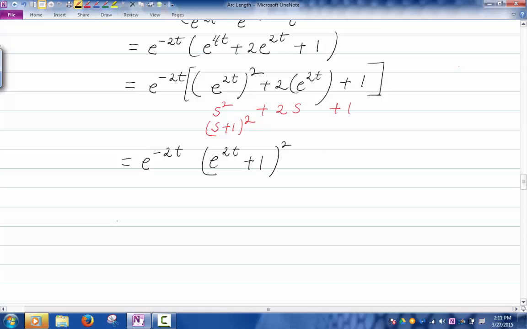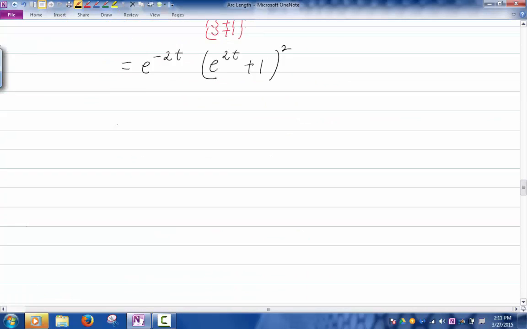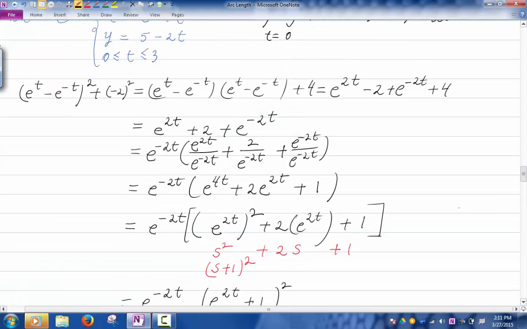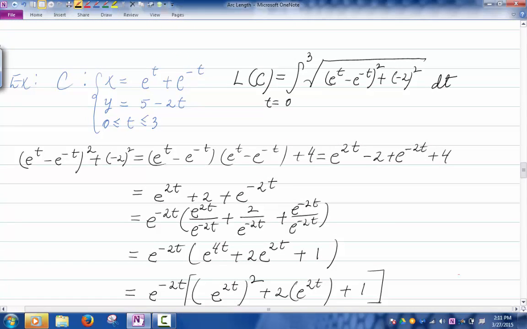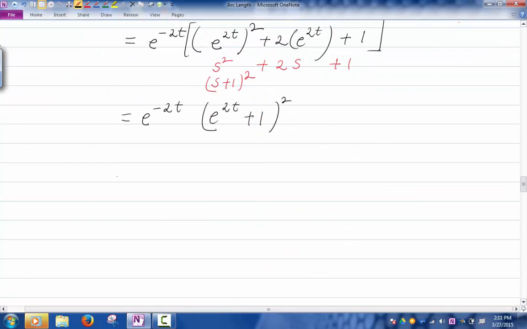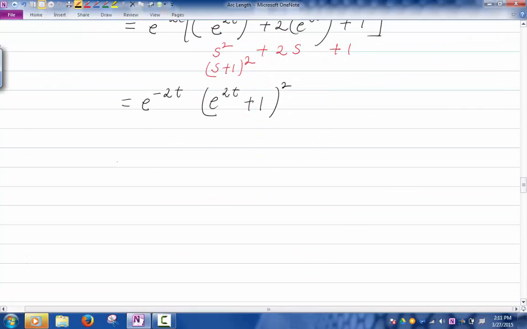Okay, so let's now summarize what we did. We started with the quantity inside the root of the integrand, and we said that quantity is the same as this quantity here. So what is the length of C then?